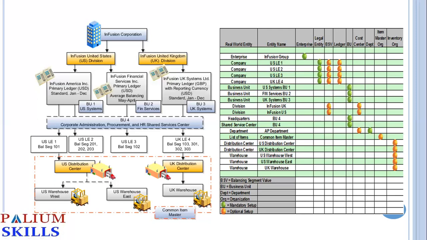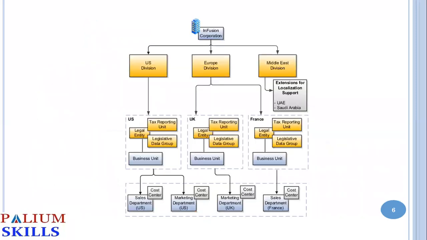So this is one example where they have the legal entities, they have divided into multiple, like USLE 1, USLE 2, right? Correct. But it can be like only for US, it has to be one US LE1, and for UK, it will be UK, like this, right? Correct. So here is another example.